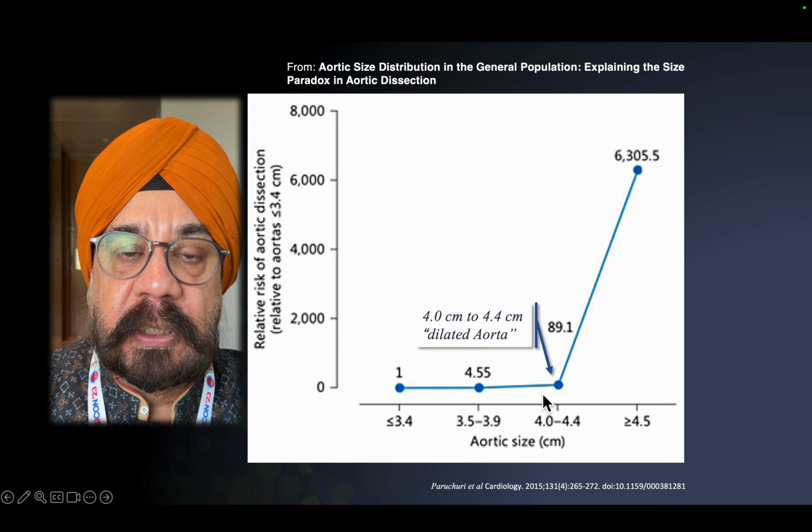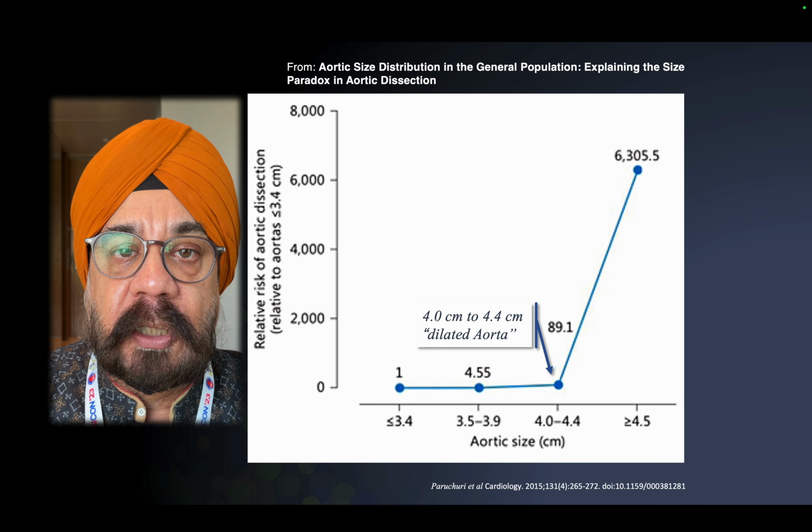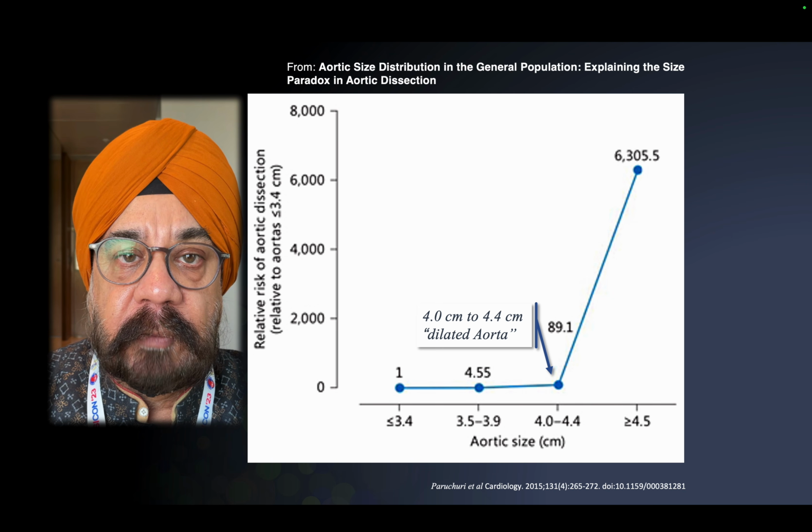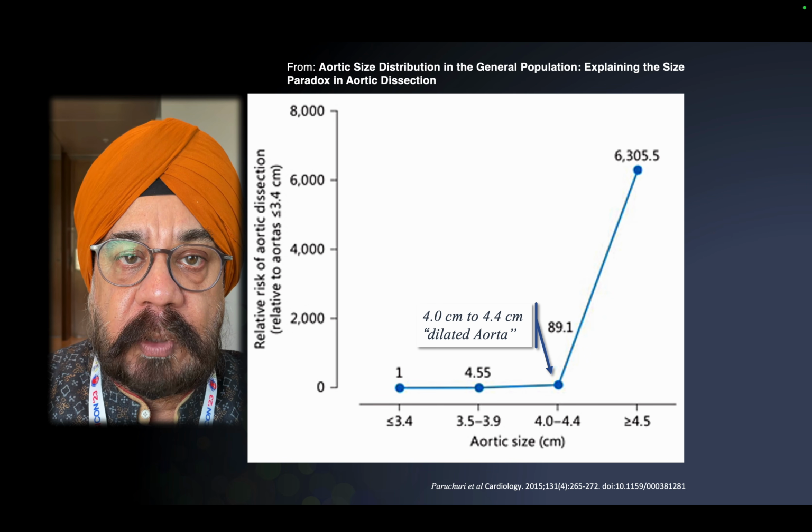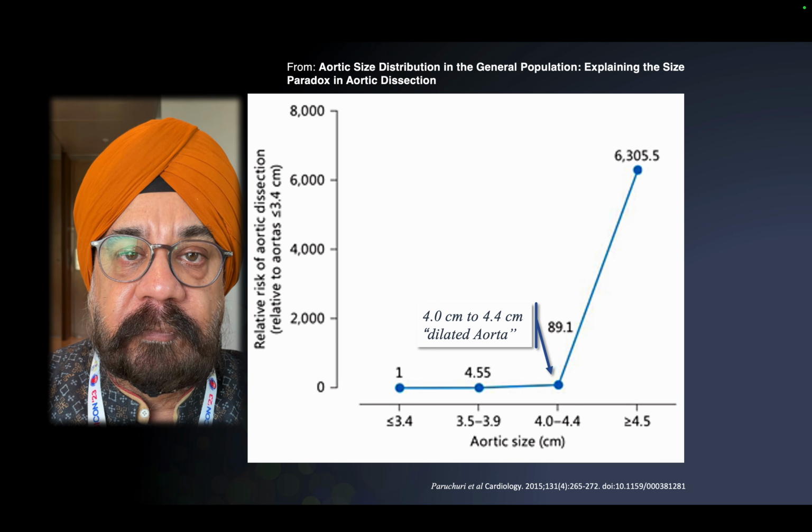But the issue is, even with this 90 times increase, the absolute number is still lower than 2%. So if the absolute number is less than 2%, we have to weigh that against the mortality of changing the aortic root and subsequent morbidity. So we wait.